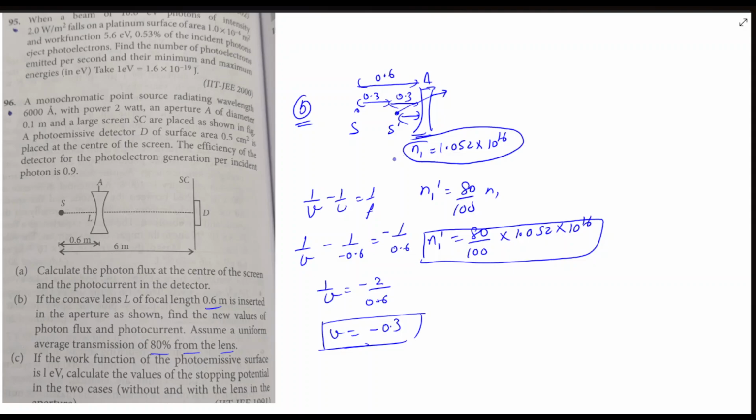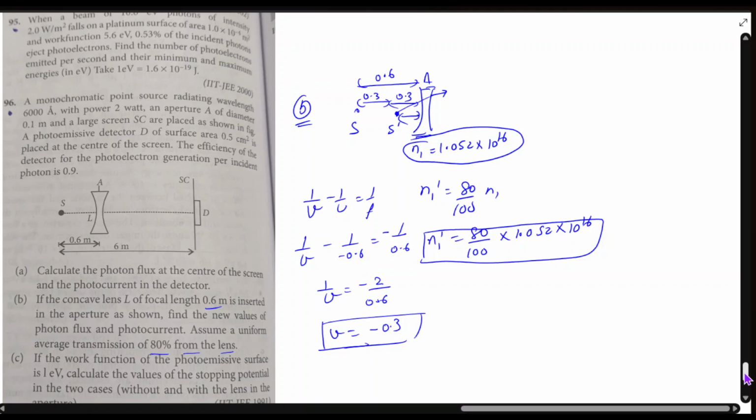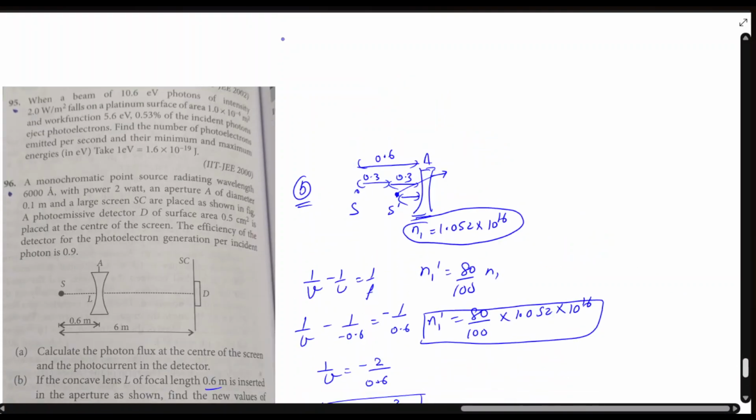Now what will happen? We have to find the photon flux. Look, after the photons pass through this, now the source becomes this. So this is our actual source. If I want to make a sphere, our secondary source is this.